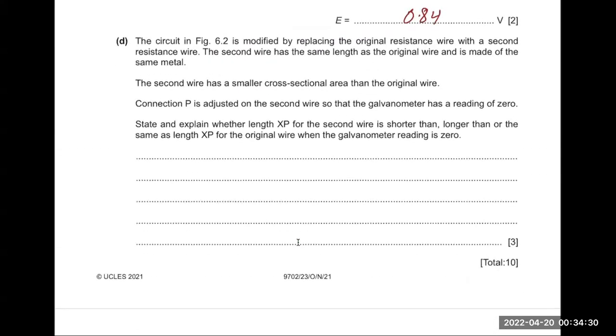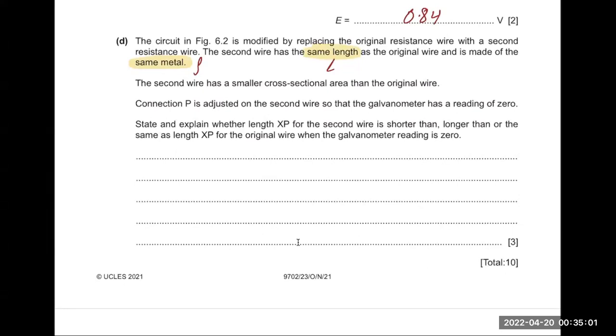Last part, part D. The circuit in figure 6.2 is modified by replacing the original resistance wire with a second resistance wire. The second wire has the same length as the original wire and is made of the same metal. So the original wire is replaced with a second wire of the same length and same metal, which basically means the resistivity is the same.